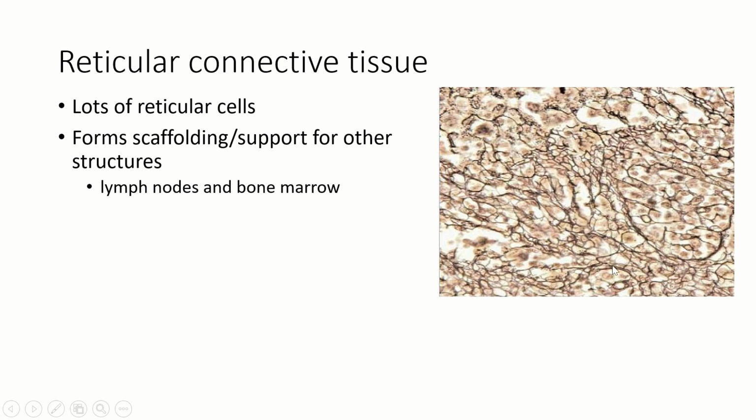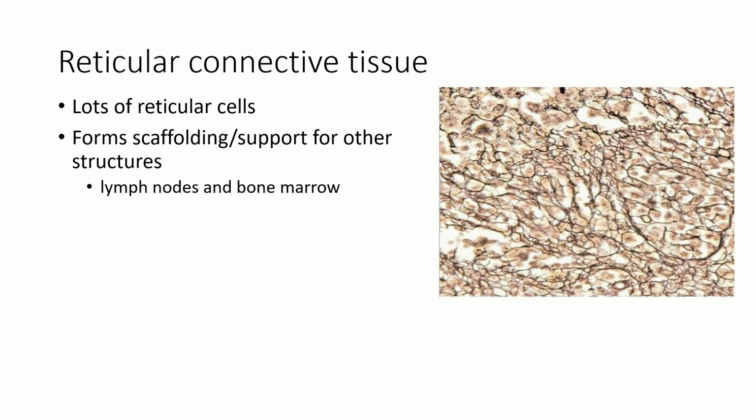Those spaces can then be filled with other kinds of tissue. In this case, this tissue is filled with bone marrow. And those are another kind of multipotent stem cell that makes blood cells. So we see reticular connective tissue in bone marrow and in the lymph nodes. So that's another kind of connective tissue.